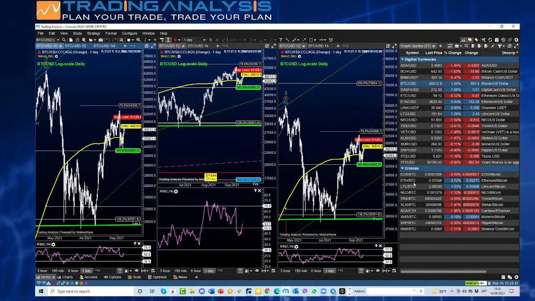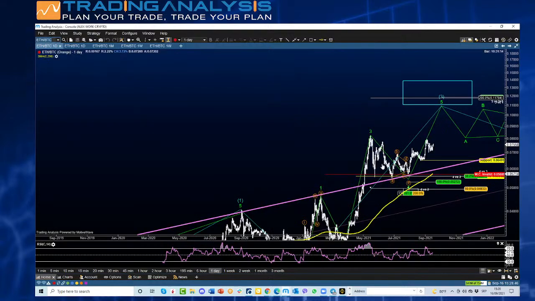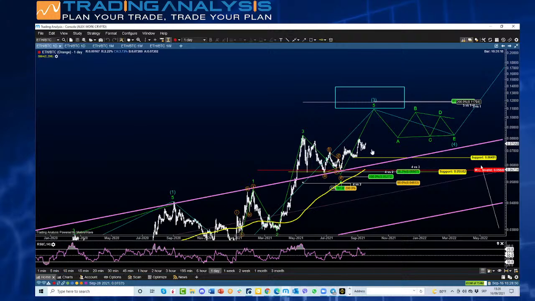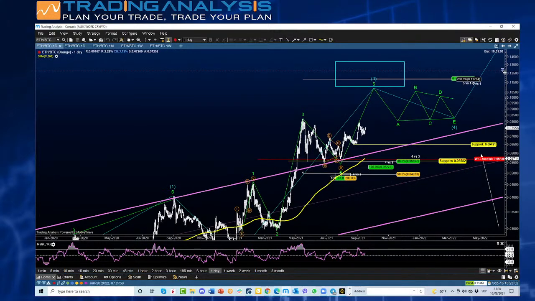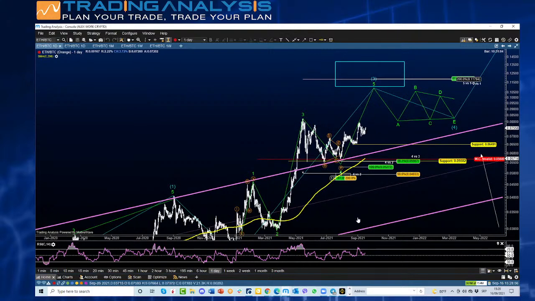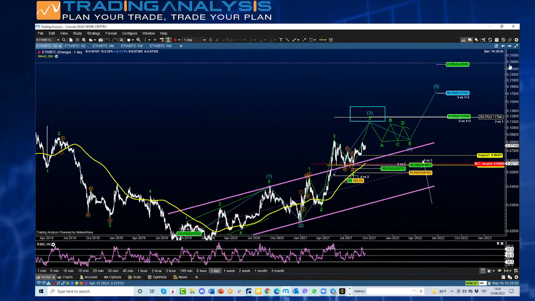Yeah, so the Bitcoin Ethereum chart, we were bullish on that. And we are looking for further developments to the upside. We need this trend to develop further higher. I don't want to see any movement back below this 0.06. For now, things are looking good.